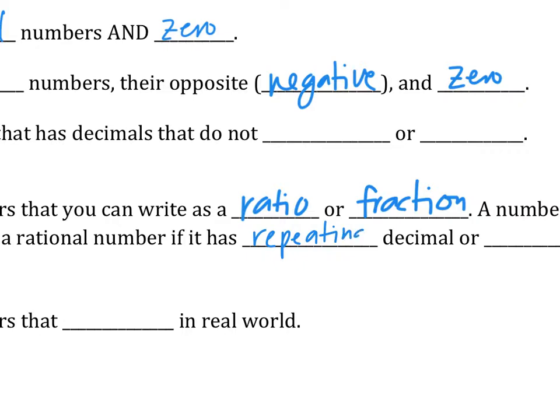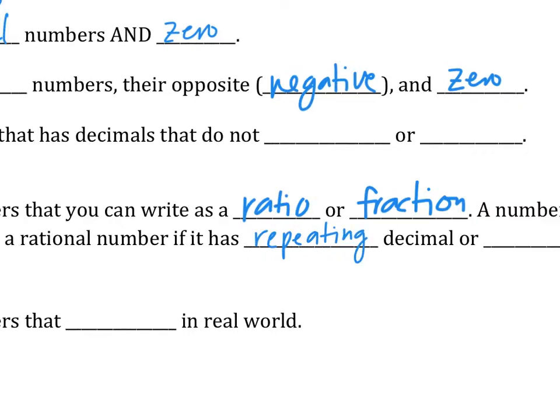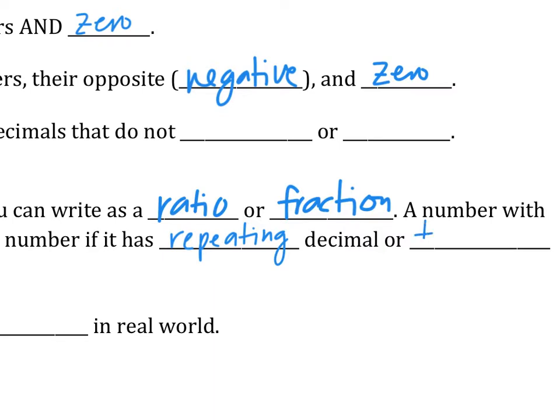Repeating means that it has a pattern. It just keeps repeating that pattern. Or it has a terminating decimal. Terminating means that it ends. So 2.1, 3.14, something that ends, that is a rational number.